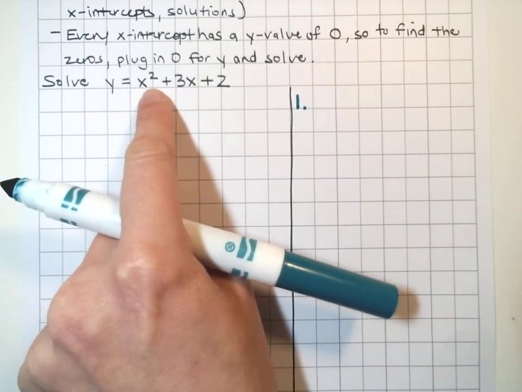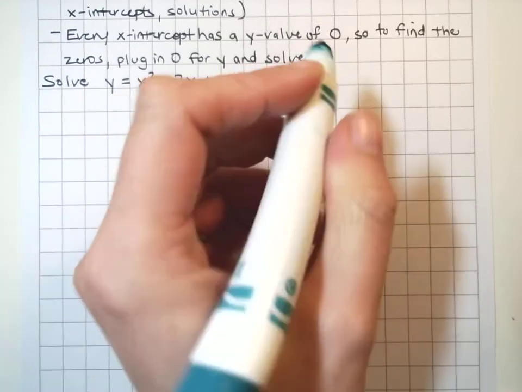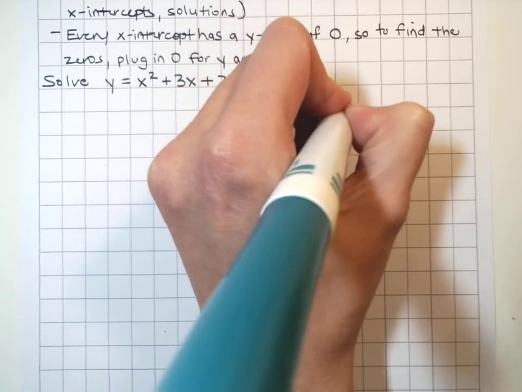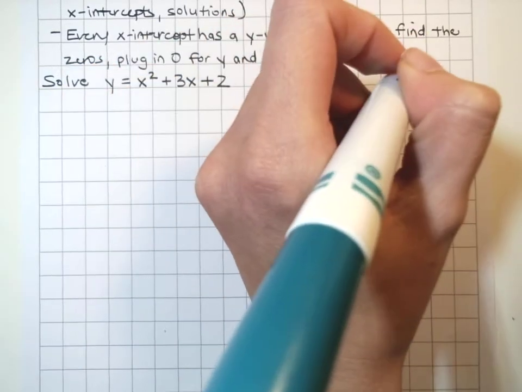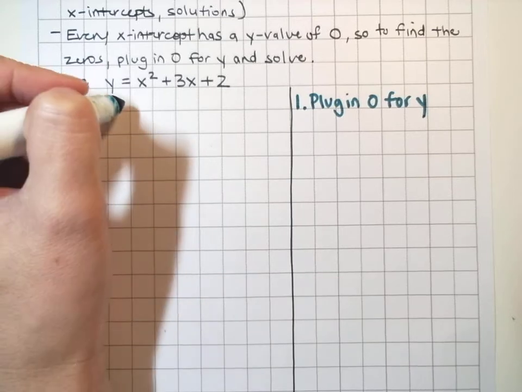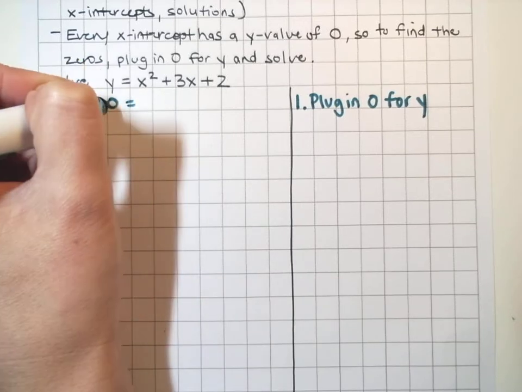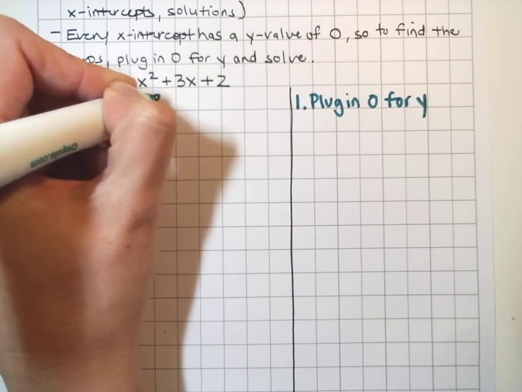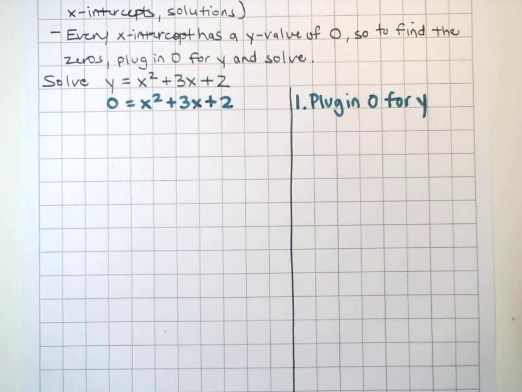So the first step to solving for the x-intercepts is to plug in 0 for y. So instead of writing that y, we're going to have 0 equals x squared plus 3x plus 2.